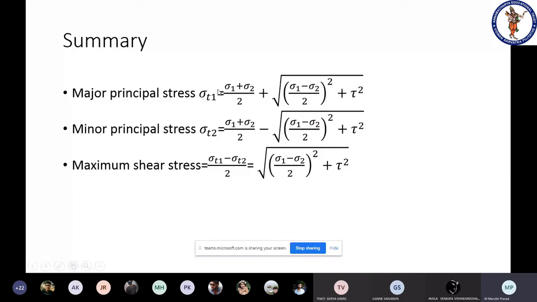Or else, if along the x-axis it is compressive, the equation is minus sigma 1 plus sigma 2. These equations are developed for a situation where both axial stresses are tensile in nature, considered as positive.